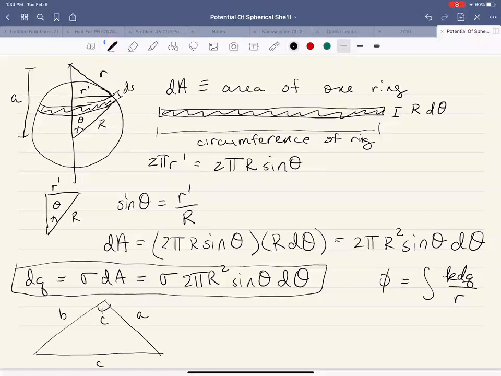So the angle opposite from side c, I'll call capital C. The angle opposite from side a, I'll call big A. And the angle opposite from side b, I'll call big B. Now the law of cosines states that I can just pick a side, and that c squared is equal to a squared plus b squared minus 2ab cosine of C. Okay, so that's the law of cosines.